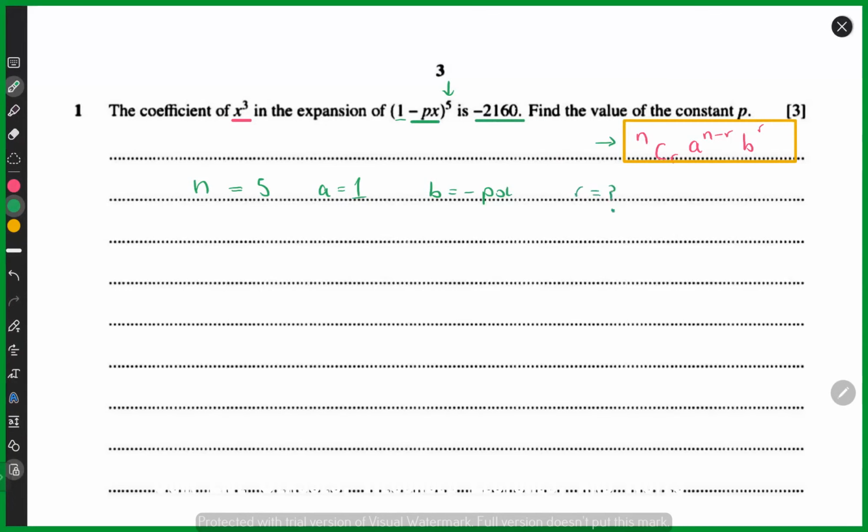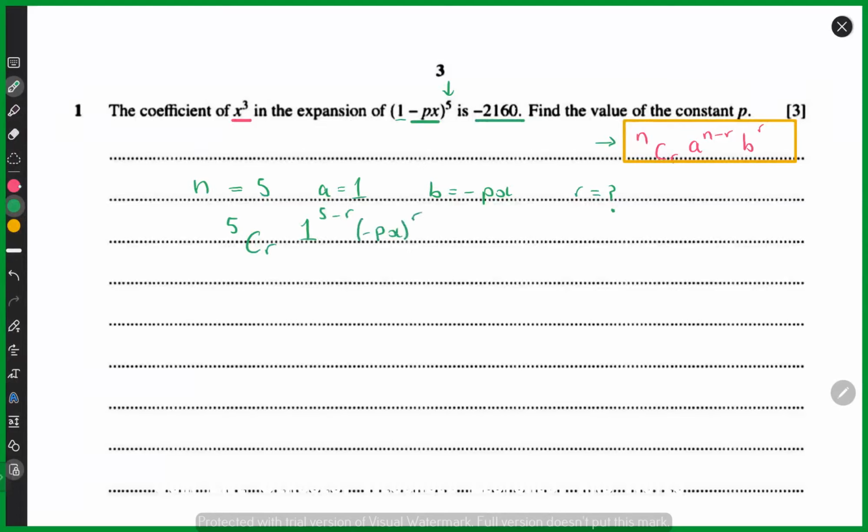This is why I'm using this formula, just so I find r. And once I have r, I would be able to find the coefficient of x cubed in terms of p. So the formula would be 5Cr, a is 1, 1 power 5 minus r, and then b is (minus px) power r.